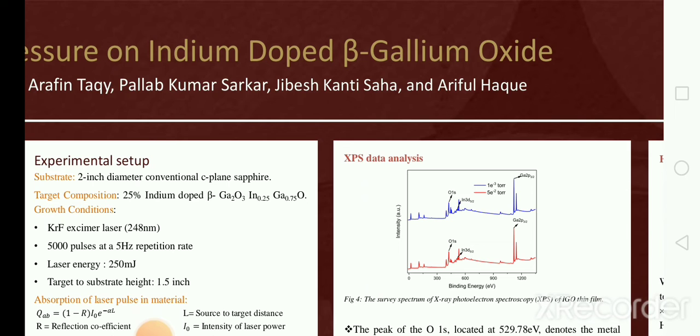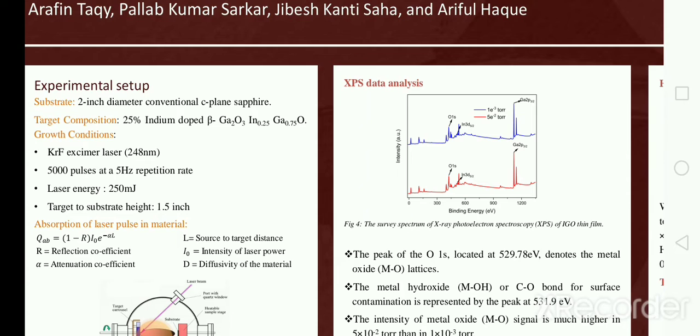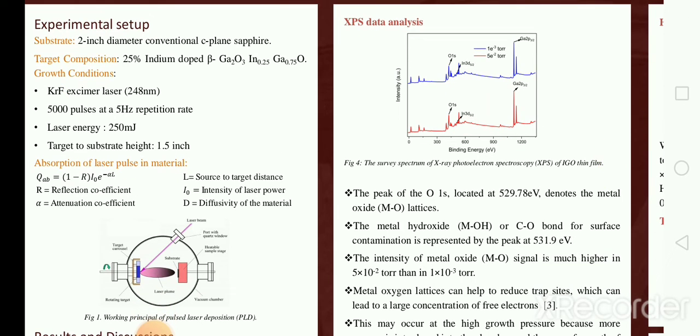XPS data analysis. We analyzed the bonding for our sample, and figure 4 depicts the survey spectrum of X-ray photoelectron spectroscopy, in short XPS, of the indium gallium oxide thin film.